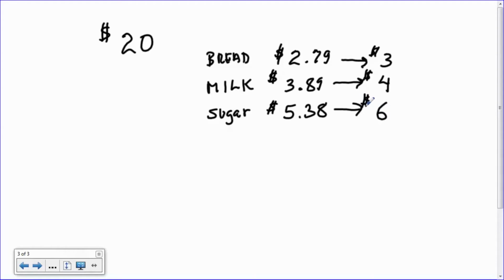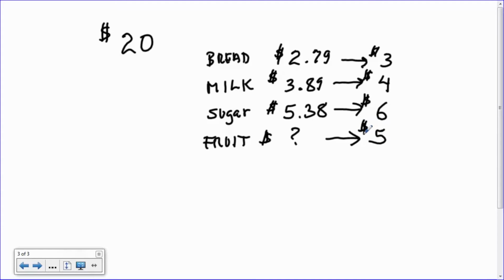And then I'll continue on. In addition to sugar, you might buy some fruit, and you might buy several kinds of fruit. And let's suppose whatever it is, you know that when you put it all together, it may round up to, let's say, $5.